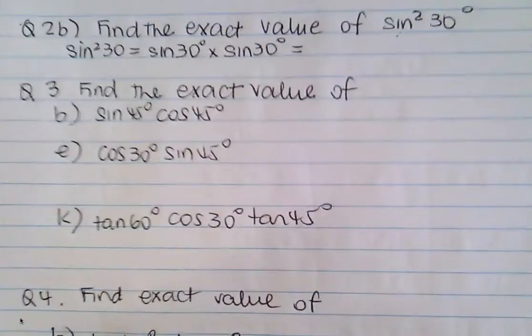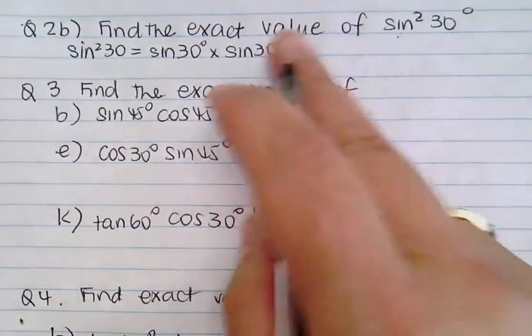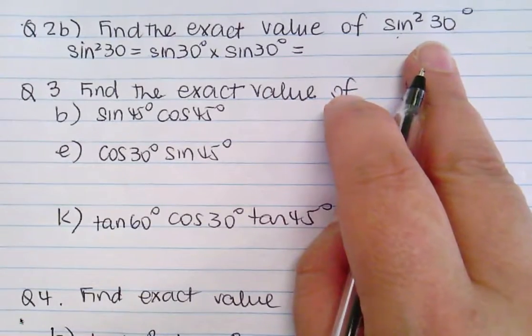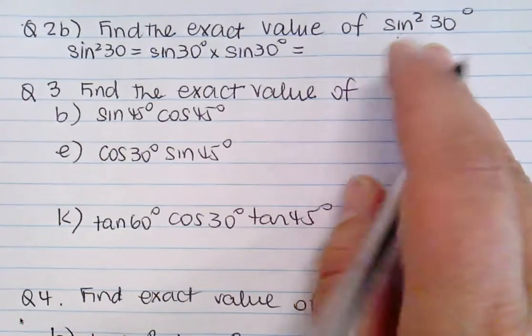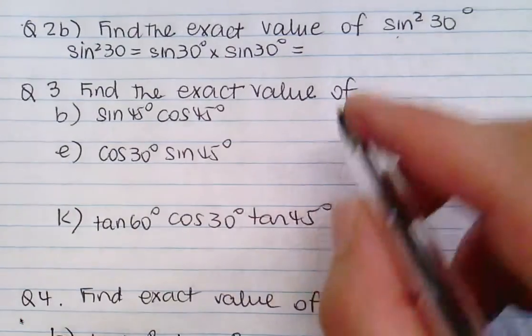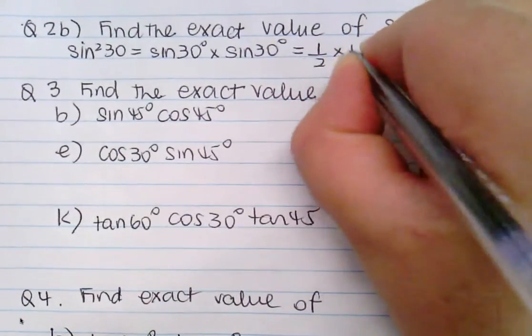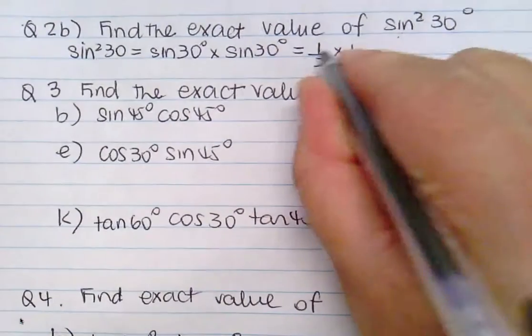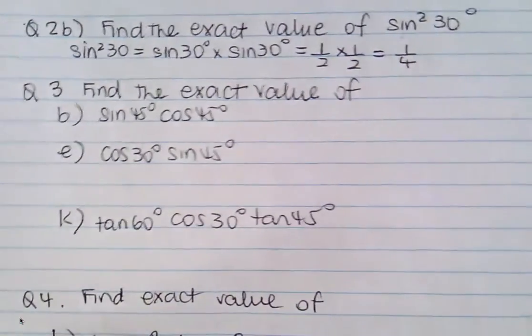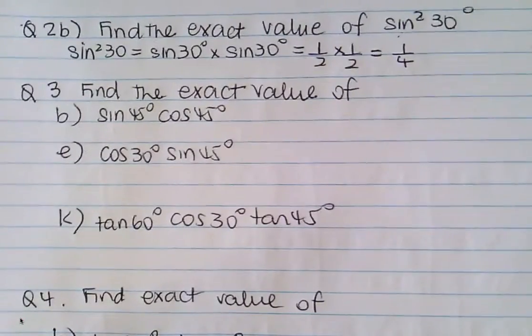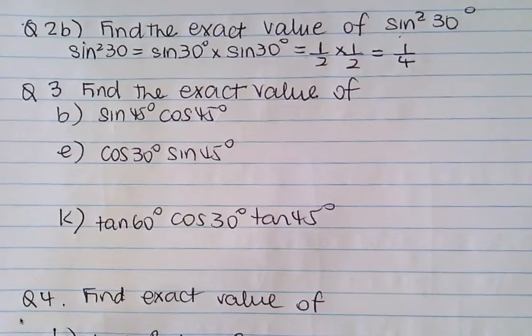I know you could do it on your calculator if you wanted. So find the exact value of sine squared 30. What does sine 30 times sine 30 equal? What's sine 30 equal? So it's just a half times a half, which is a quarter. Good. So that's finding the exact value of sine squared 30.